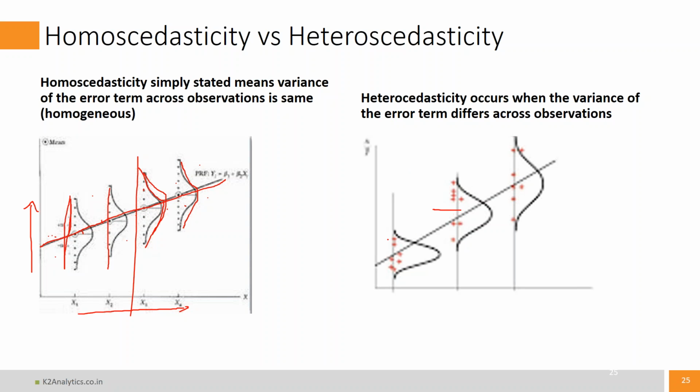If this error is not the same, here you see that the curves are different. What it means is that the linear model may predict values more correctly at one place and less correctly at another.